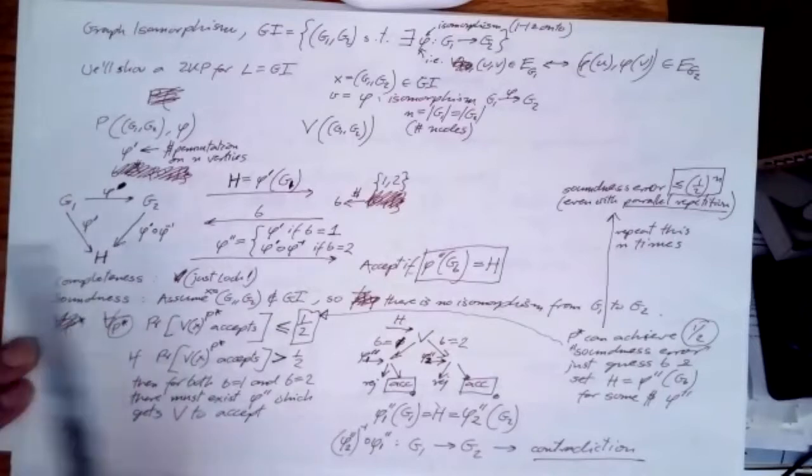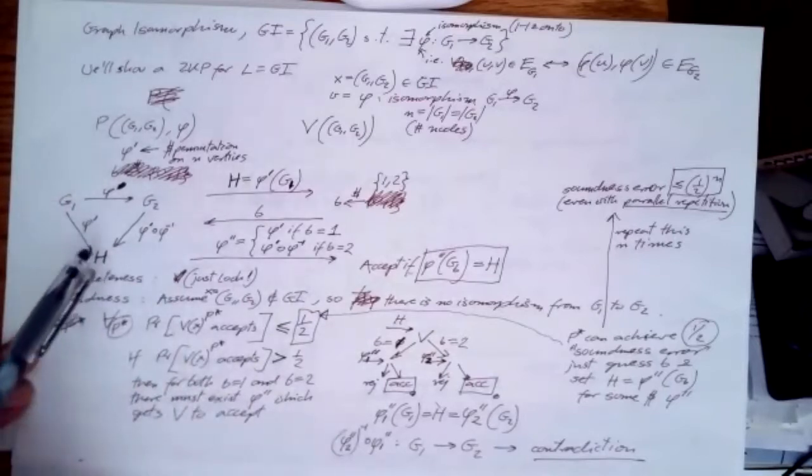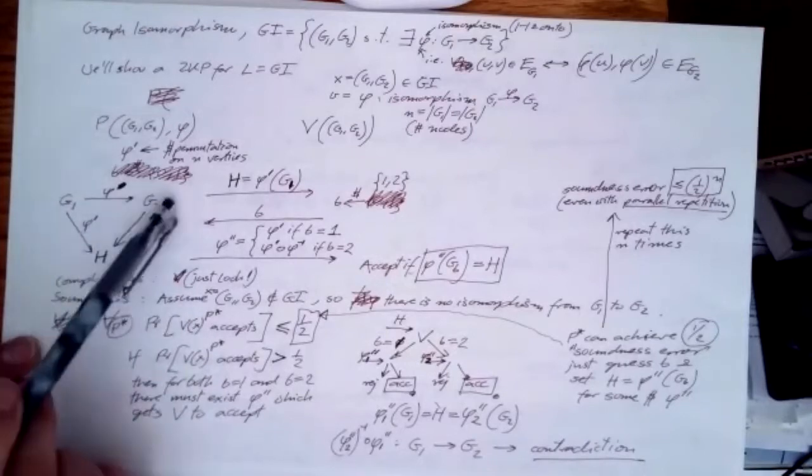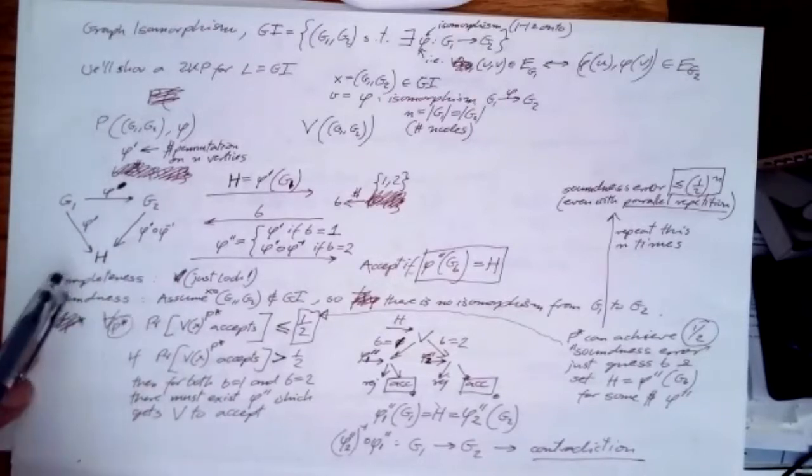Okay, so in the parlance of graph isomorphism, H is both a mapping of G1 and also a mapping of G2 using another permutation, right? A composition of these two.